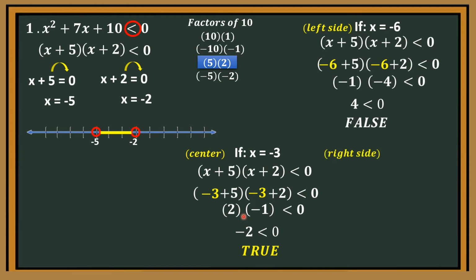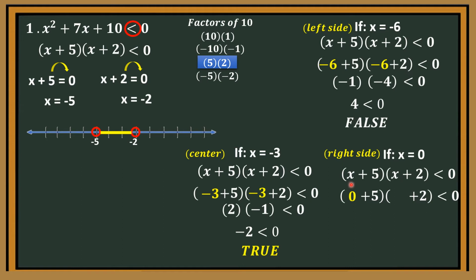Let's go to the right side, or right region. I'll choose 0. Factor form and substitute the value for x. We will have 0. Just copy plus 5. x is 0. Copy plus 2. Copy less than 0.